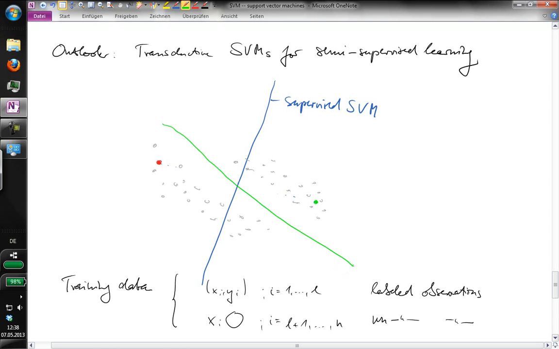Implicit in this is the so-called clustering assumption, namely that points which are well clustered in feature space will tend to have the same label. So let's say that this is the desired result. Can you agree that this would be desirable? At least that is the tenet of semi-supervised learning. The green solution here is preferable over the blue one.